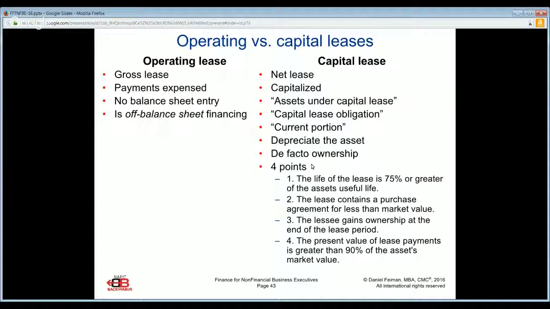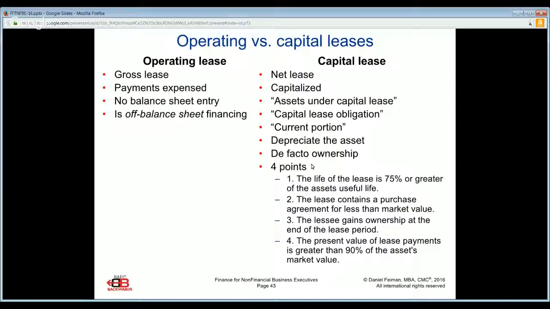So how do we take this? How do we look at this and make a decision? Accounting is very clear. If our lease, this rental agreement we make between us as the user or the lessee and the actual owner of the asset, the lessor, if that agreement meets any one of these four criteria, we are required to capitalize the lease.